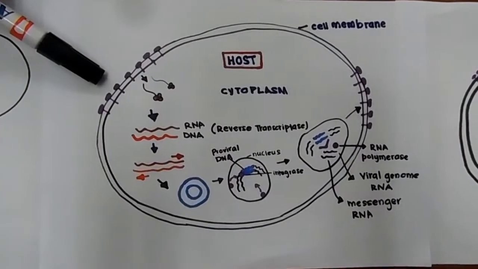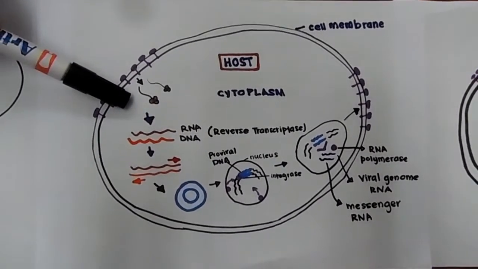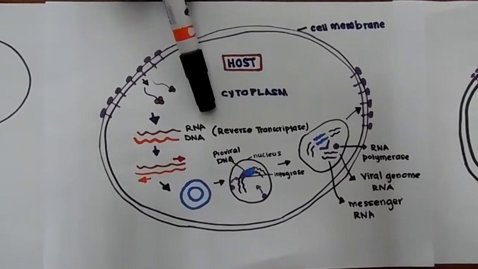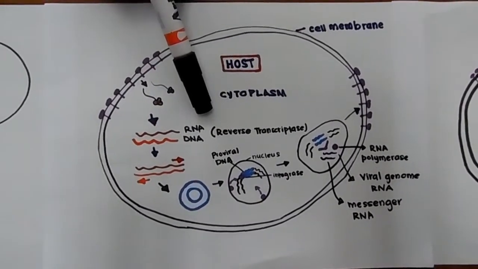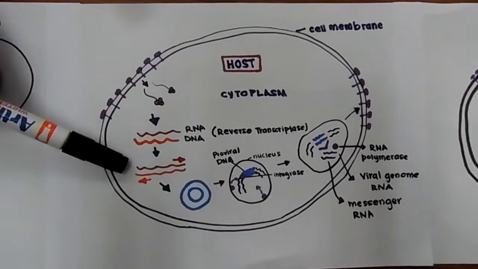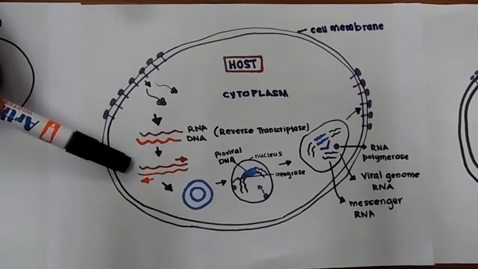Once the RNA of the virus is released into the cytoplasm, reverse transcriptase makes a DNA copy from the RNA genome. Reverse transcriptase degrades the RNA strand and a complementary DNA strand is synthesized, resulting in double-stranded DNA.